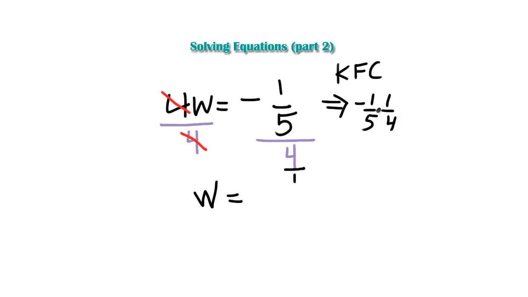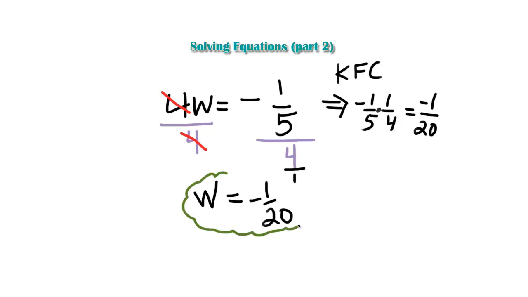So here goes the dot, boom, right? Now we have negative 1 times 1, so that's just negative 1, and 5 times 4, which is just 20, right? So that's what w is equal to, negative 1 over 20. Okay, and we're pretty happy with our answer because we got w by itself, right? It's on the left hand side, and it's equal to negative 1 over 20, right? So we're done with this one.